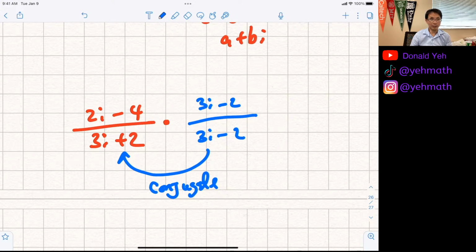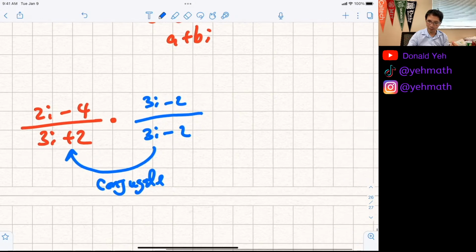Like people say conjugate, and you think about Spanish as a language. But in math, here it is basically the opposite of 3i plus 2. Not exactly opposite. It's the thing that will make the i's go away. The reason why it makes the i's go away is using something called difference of squares. On the SAT, they love difference of squares.